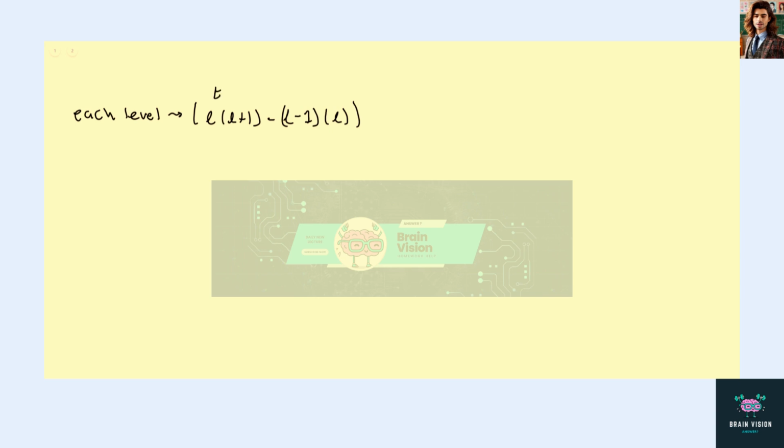So again, this is EL minus EL minus 1. And this is all multiplied by h bar squared over 2 times the moment of inertia.